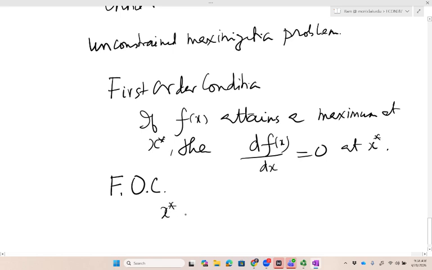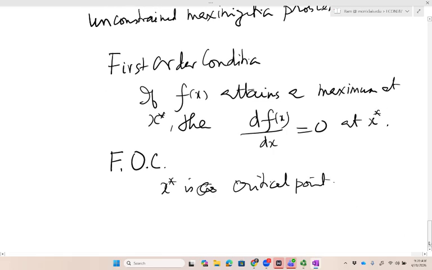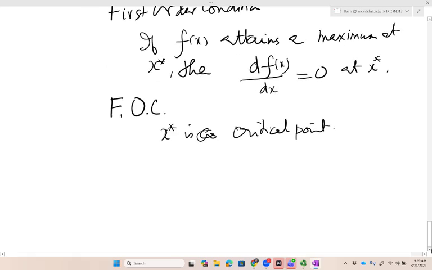X star is a critical point. So we will first figure out all the critical points where the derivative is 0, because we know only these points are potential candidates for having a maximum value or a minimum value.